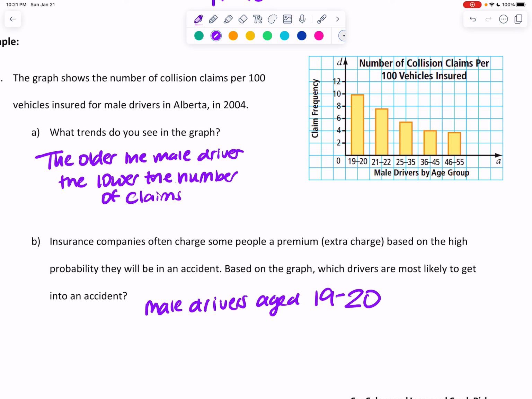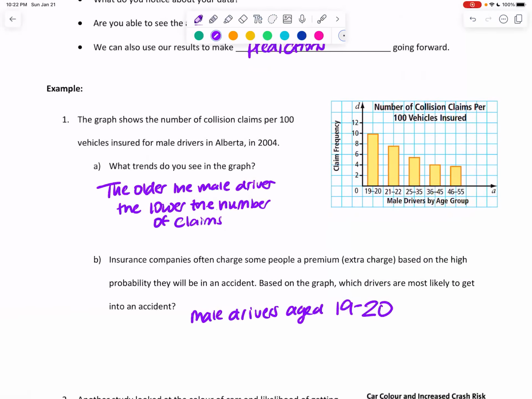Now, if you get into a lot of accidents, that insurance company pays for the damage. And if you cause a lot of damage, they're going to be like, hey, you should be charged more to help cover these costs. So they will charge a premium for people who get into more accidents, because if you already have got into lots of accidents, you're more likely to continue getting into those accidents. So just something to be aware of.